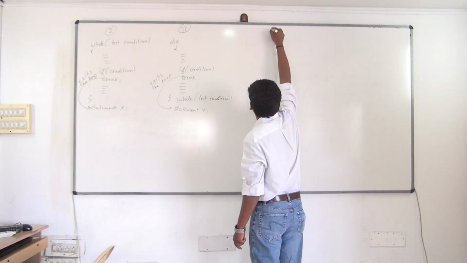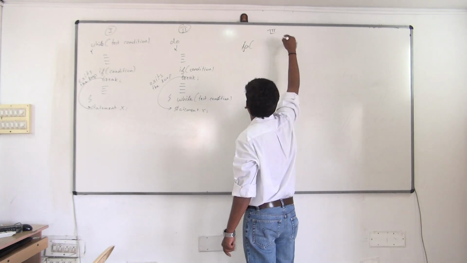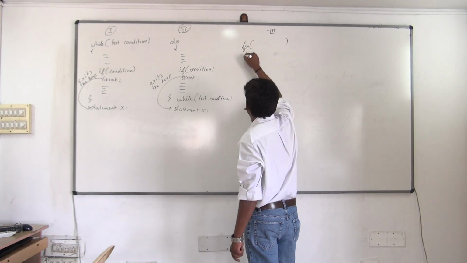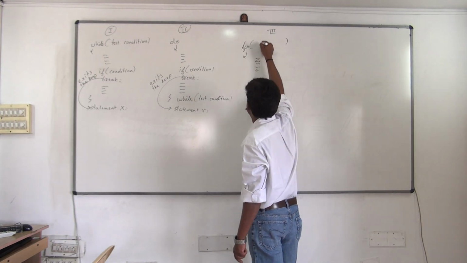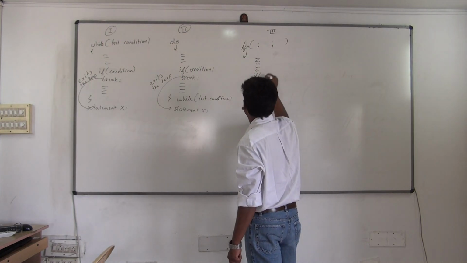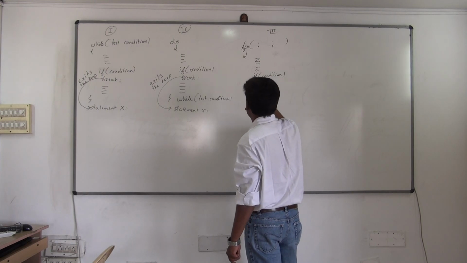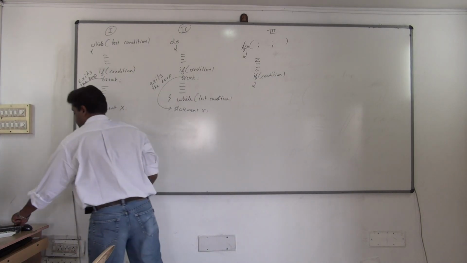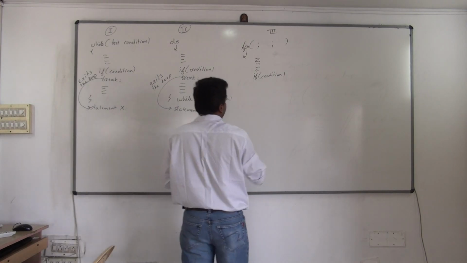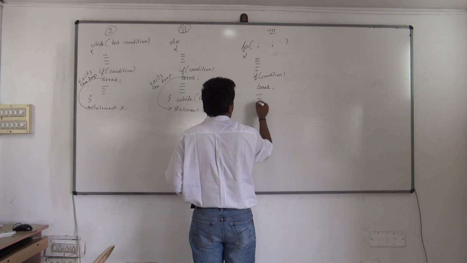Then third scenario, we'll see it in a for loop. For, we'll be writing something here. So if some condition, break.